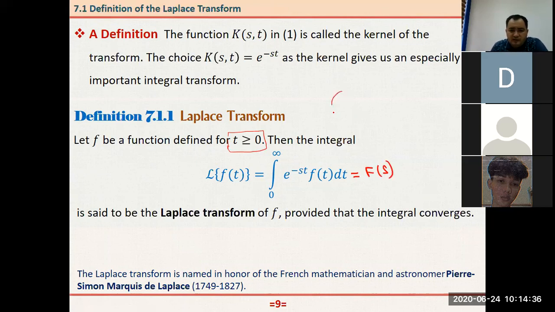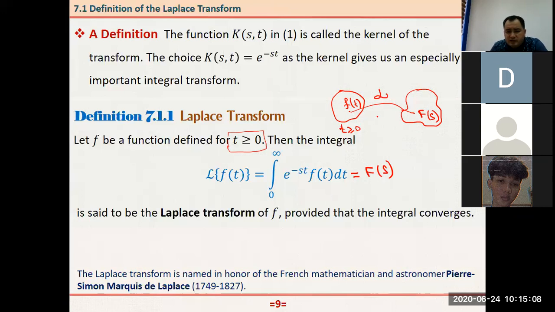We are given a function that is defined over this interval, and here we have f, right? By applying a special transformation, that is our Laplace transform, we are mapping this to something else, that is capital F. This one is f of t, and this one is capital F of s. All right.